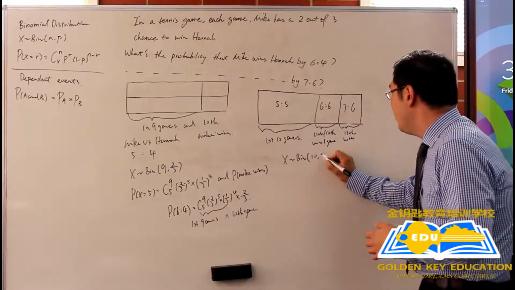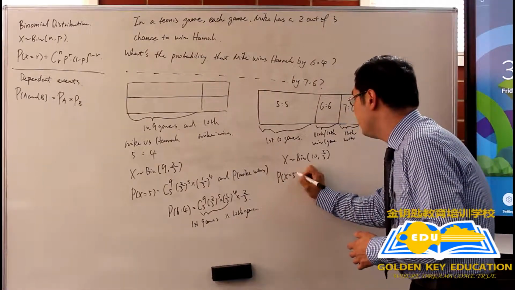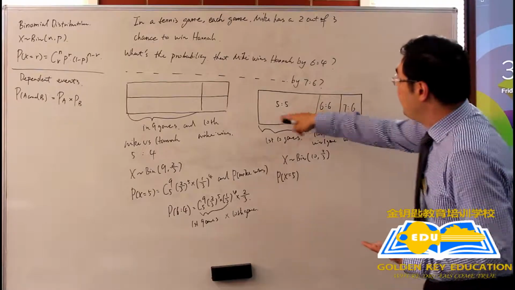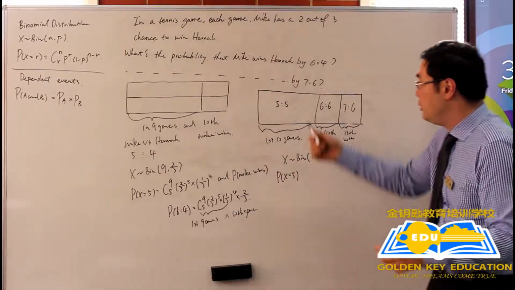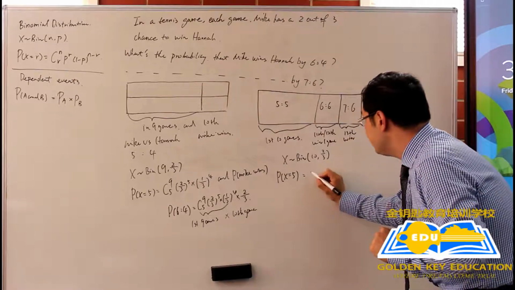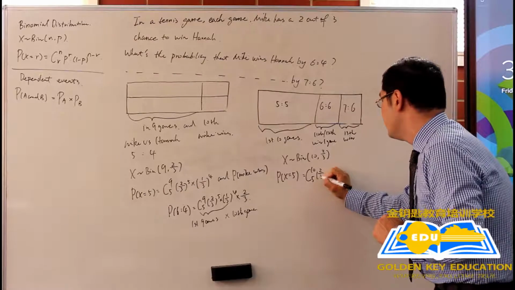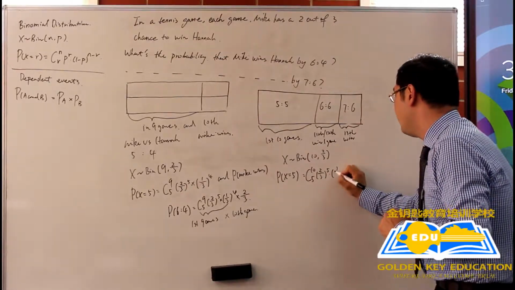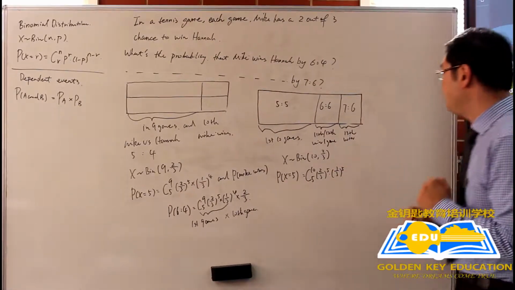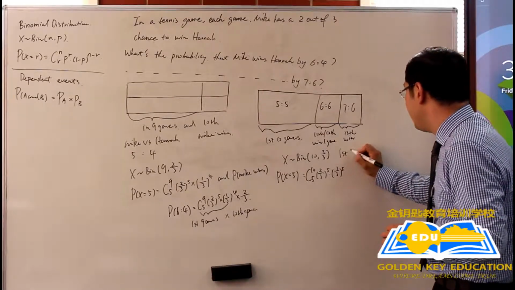So 10 games, 2 out of 3, and I'm going to look at me winning 5 times. That will give us the probability for 5 against 5. So this will be choose 5 from 10, 2/3 to the power 5 times 1/3 to the power 5. That's my first 10 games.